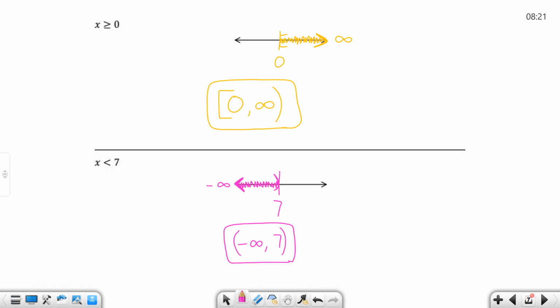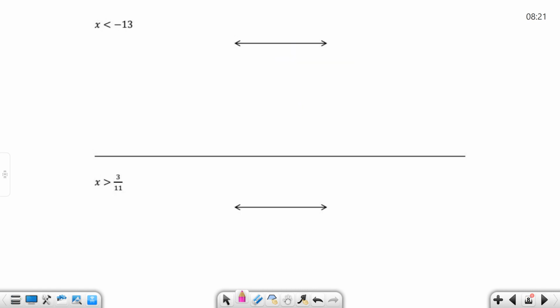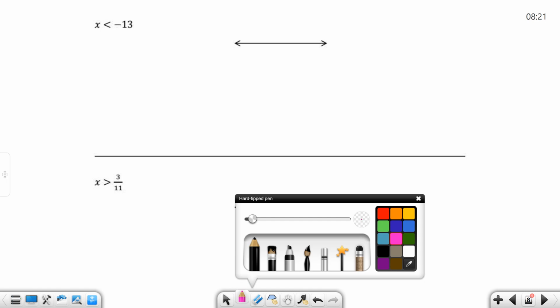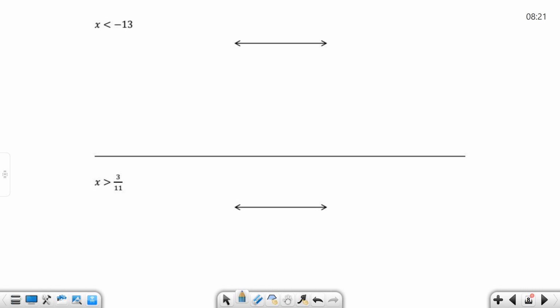All right. So let's look at some more here. X is less than negative 13. So what number do I care about here? Negative 13. So again, this is after you've solved the inequality, okay?